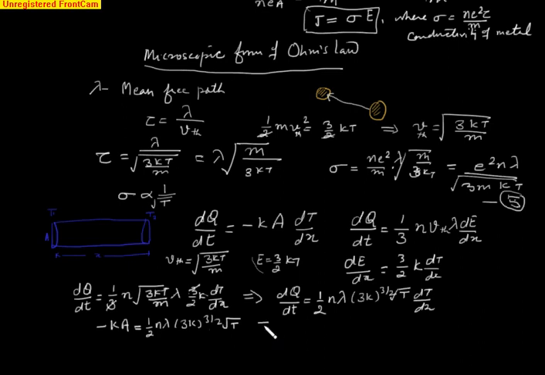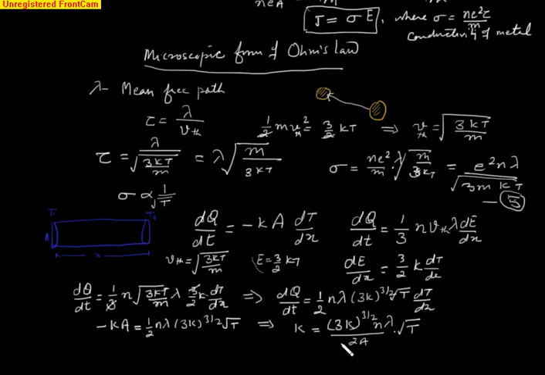square root of temperature. And from here we can find that K, that is the coefficient of thermal conduction, is given by 3 times k, that is the Boltzmann constant, 3 by 2, number of electrons times this mean free path, divided by 2 times area times square root of temperature.